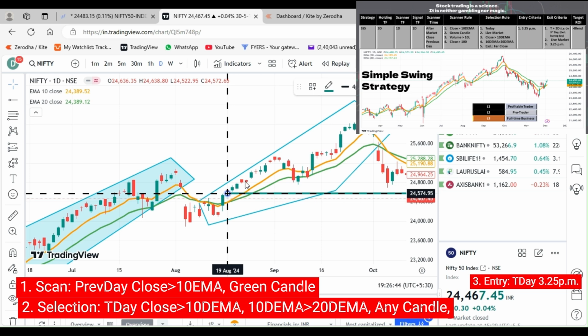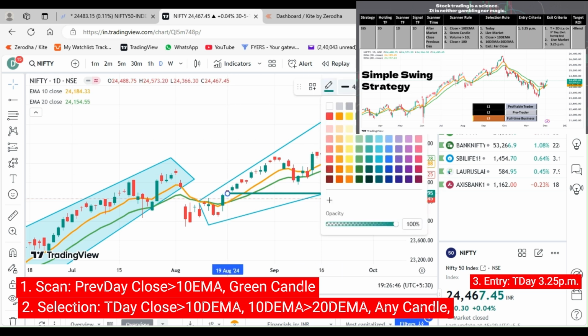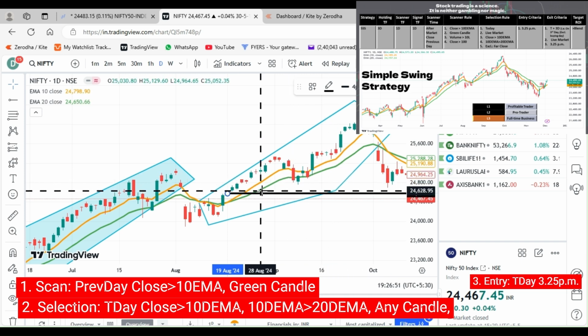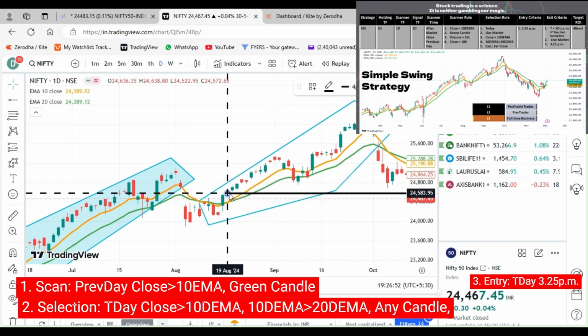My three columns are explained. One is the screening criteria, that is stock is greater than 10 EMA. My selection criteria, the next day, the 10 DEMA is greater than 20 DEMA and also the stock closed above 10 DEMA. And then I will enter.